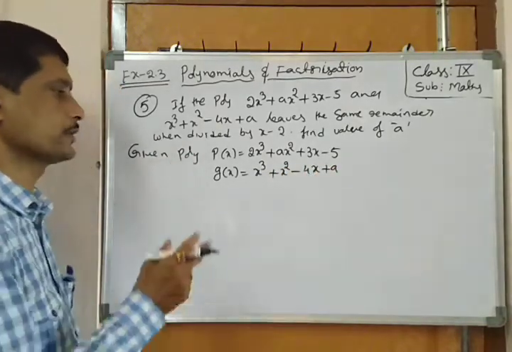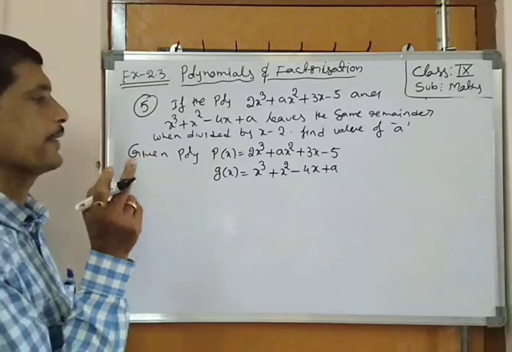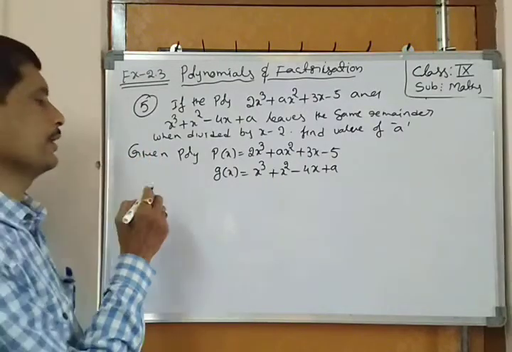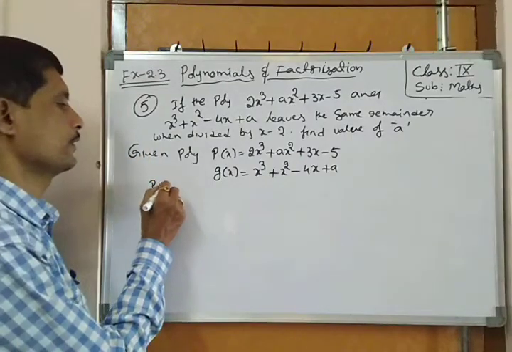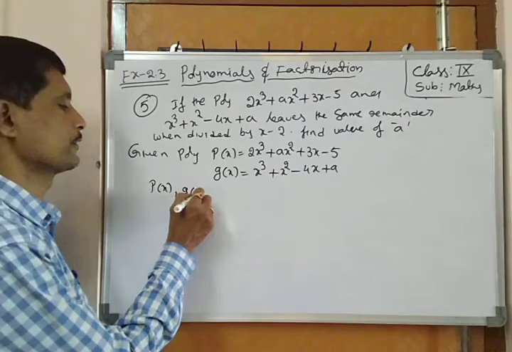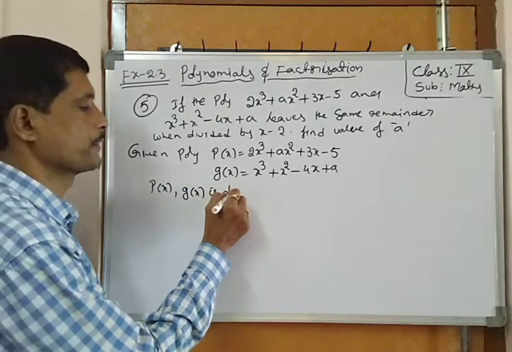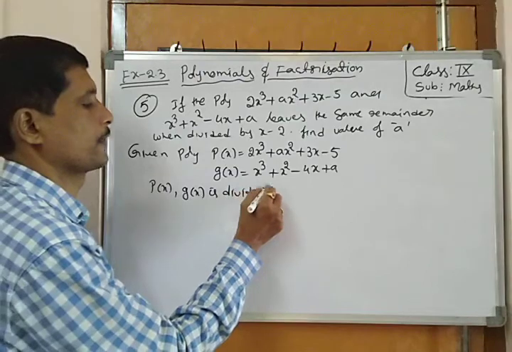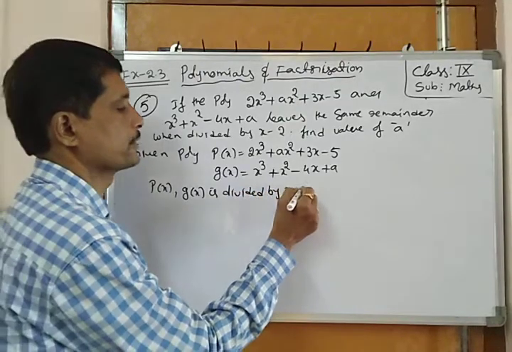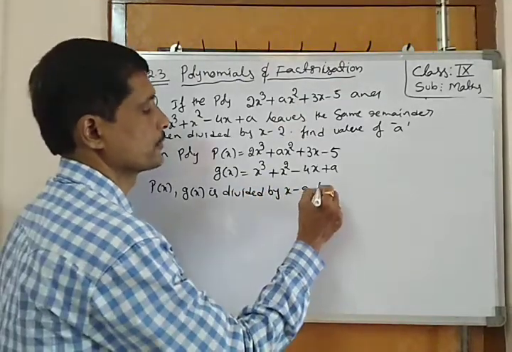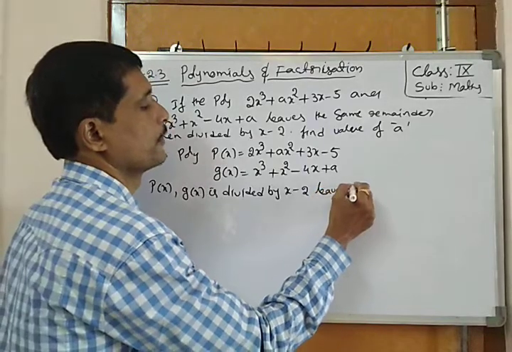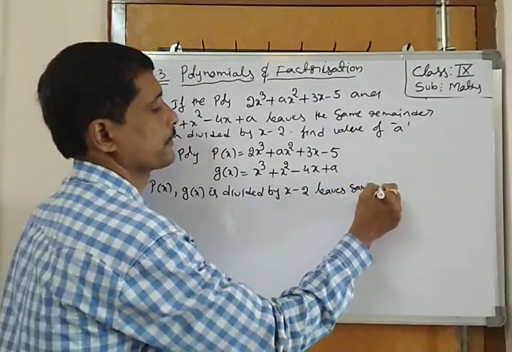These two polynomials leave the same remainder when divided by x minus 2. Therefore p of x and g of x, when divided by x minus 2, leave the same remainder.